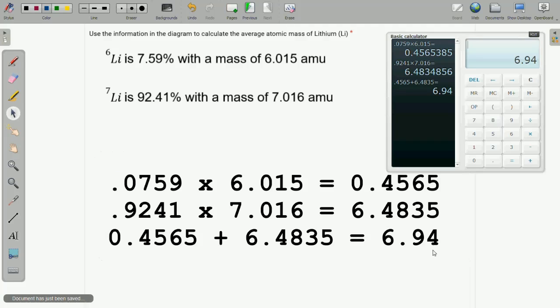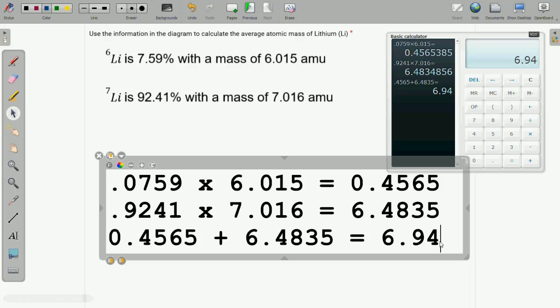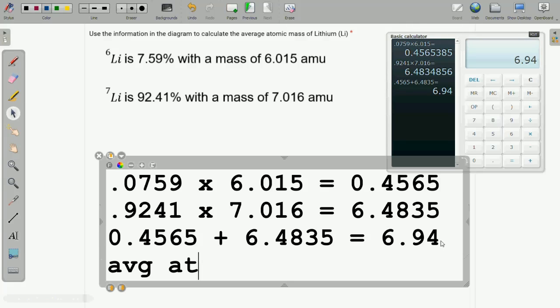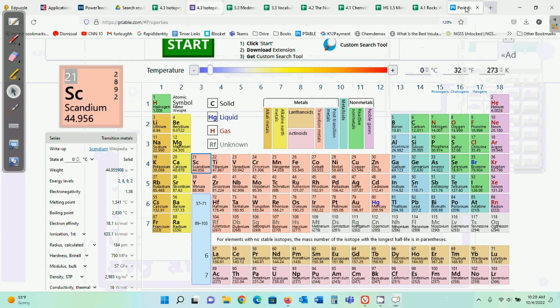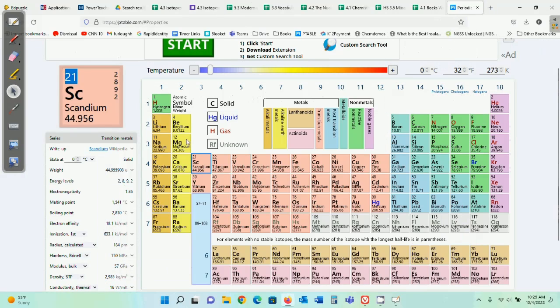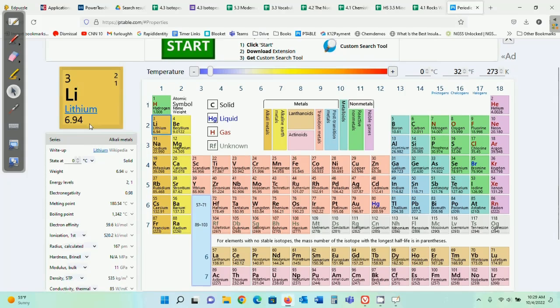So 6.94 would be the average atomic mass of lithium based on the data that we have. And notice my prediction is fairly close. It's a lot closer to 7 than 6. And if we wanted to check, we could go back to our old friend ptable.com, and we see that the listed average atomic mass is 6.94.